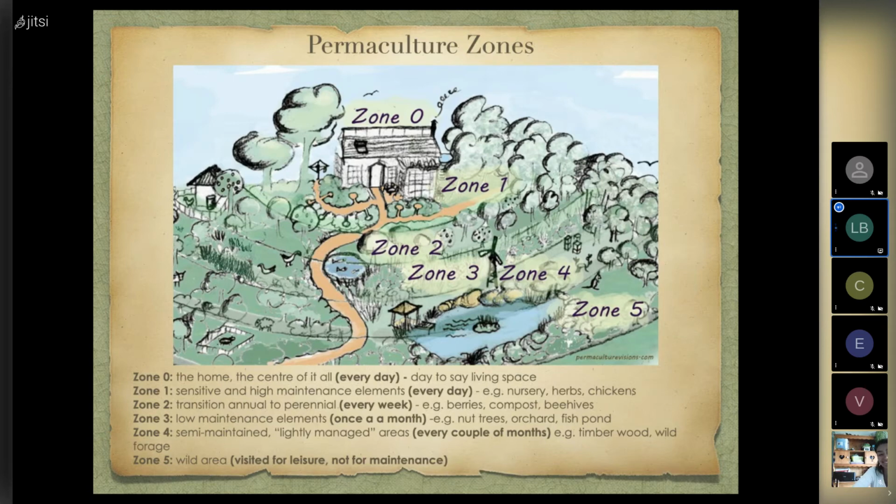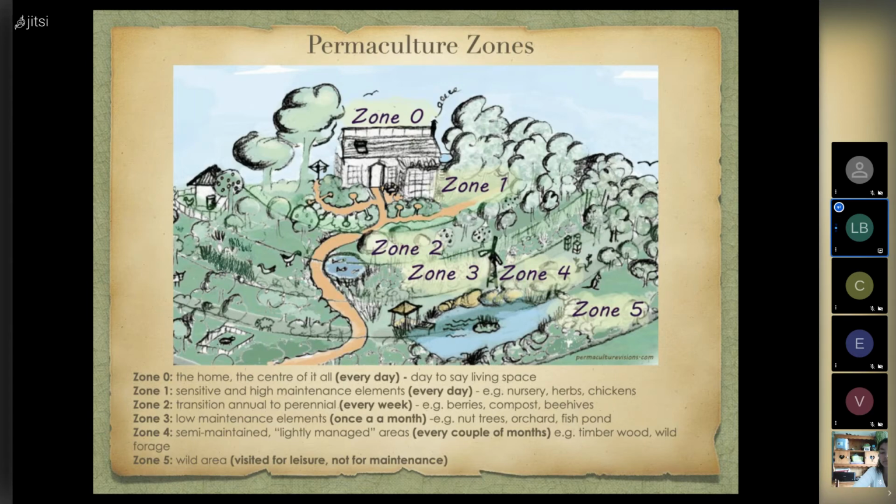And then finally, zone 5 is known as a wild area. Usually this is completely left untouched. It's maybe visited for leisure, but not for maintenance. You could think of this as wilderness zones, like mountains, any ecosystem where you really aren't interfering as a human, to the extent that that's possible. Again, this is a very idealistic view.